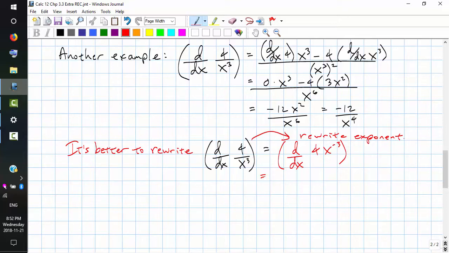And now we can just use the power rule. Now we're going to use the constant multiplier rule too. We're going to take the 4, and then we do the power rule, -3, x to the power of -4. We simplify this. This is -12. Again, we're going to move the power to the denominator, and we're going to negate the exponent. And we have identical answers. And that completes this lesson.